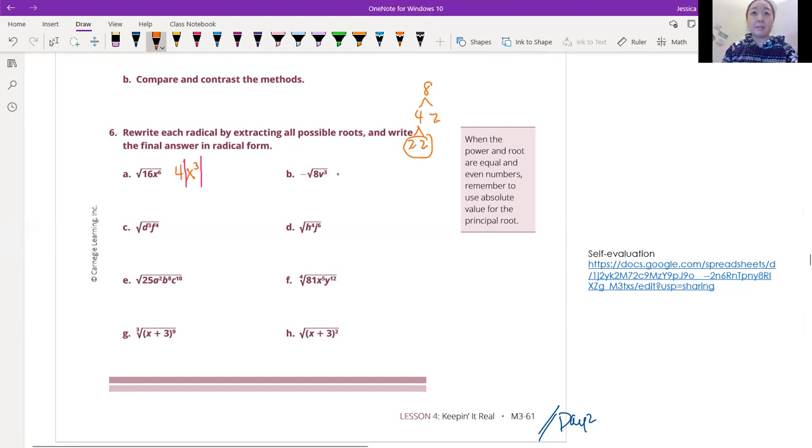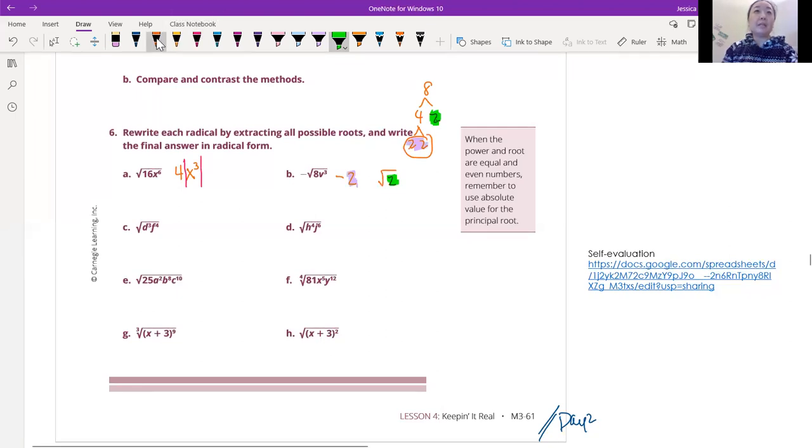So what I'm going to have is I'm going to copy that negative down. 2's go on the outside. I'm going to put a little room right here. And the 2 is going to go on the inside. Okay. So I'm going to see if I could color coordinate this. So this 2 right here is this 2 right here. And this leftover one that's staying inside, is right in here, staying inside the square root.